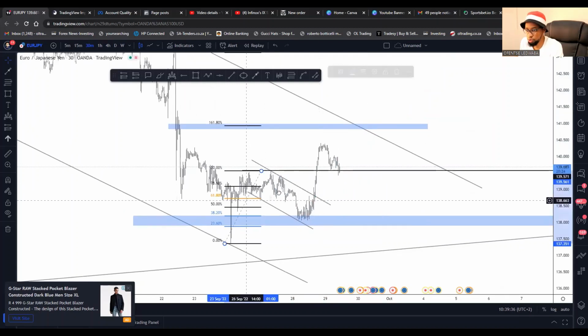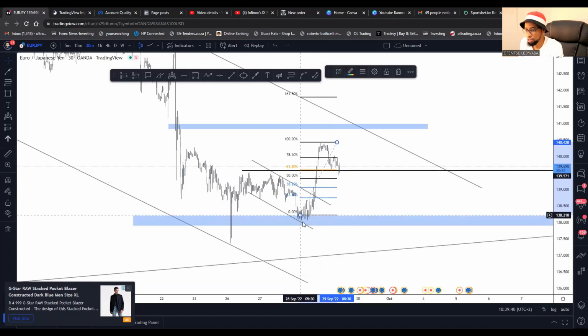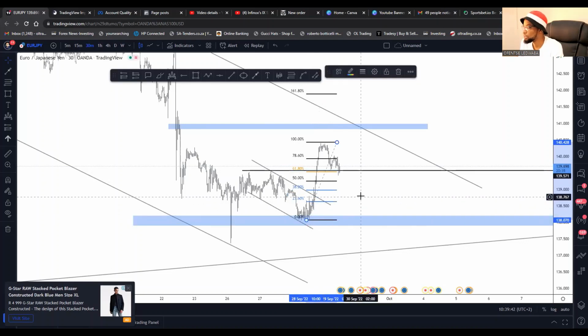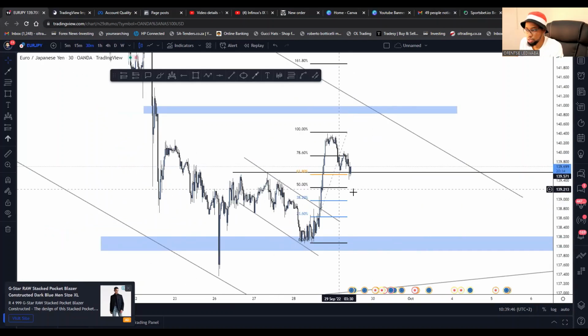I'm going to be taking this one. So let's see. Okay, I can see here we are at this one, but you can always remember we are still above the daily, so we do have a potential.